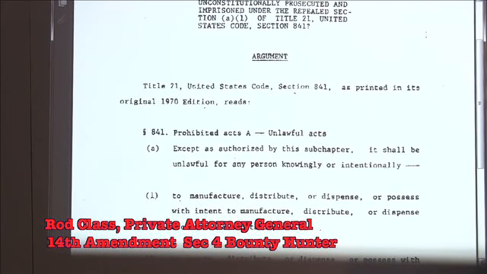Title 21, United States Code, Section 841, as printed in its original 1970 edition, reads: 841, prohibited acts. A, unlawful acts.